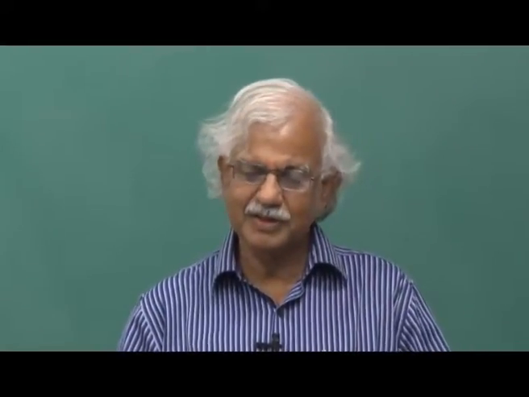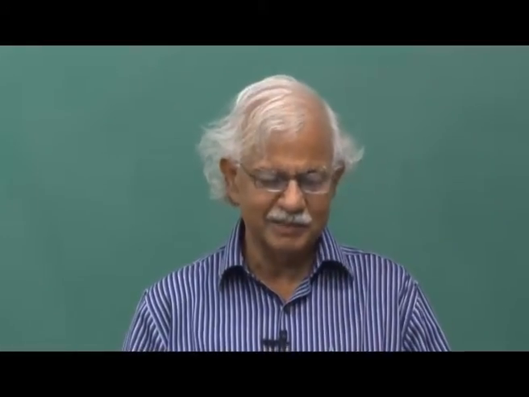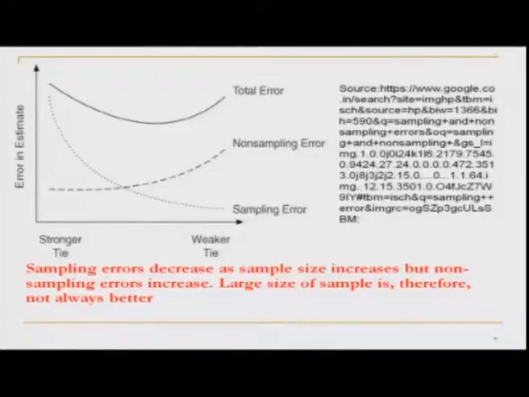Now, how these errors vary with sample size can be shown in the form of a graph. This graph shows what happens to sampling errors as sample size increases. As sample size increases, sampling error or error in the estimate of the sample decreases.